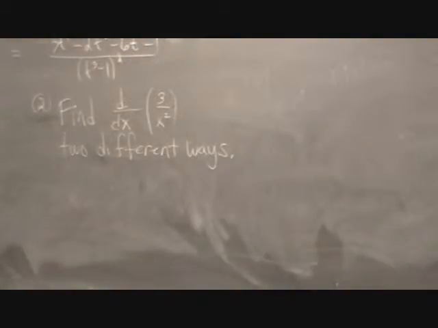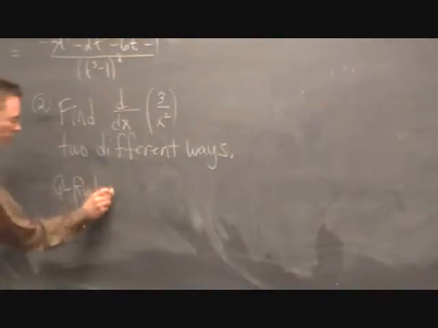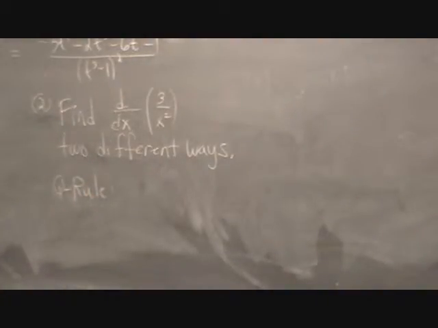Alright. Should we do quotient rule? Because it's a quotient? Q rule. Let's do it. First things first, what do we do?